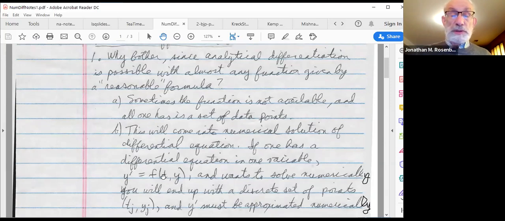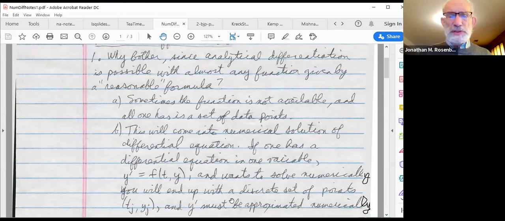You are given an initial condition and you want to solve for y. So you have to approximate the left-hand side of this equation by some numerical expression and use that to solve for y.